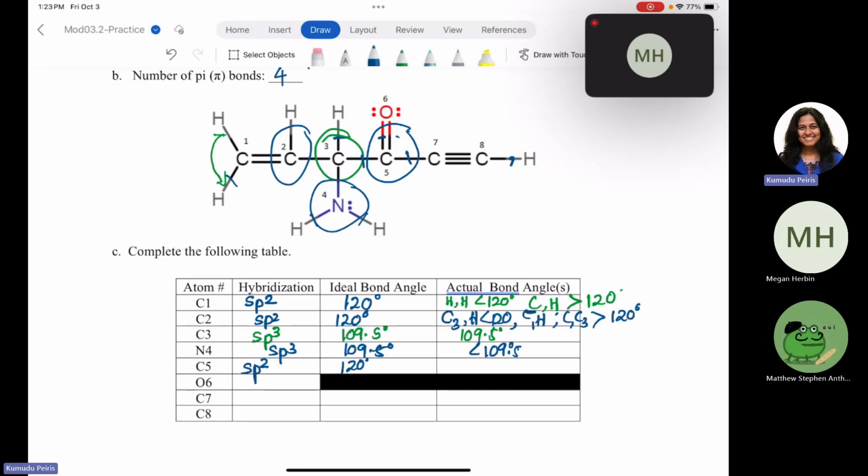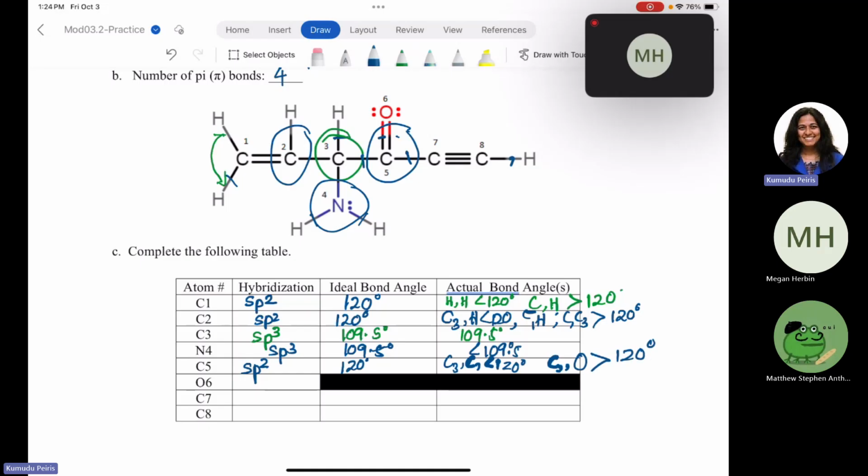Between carbon 3 and carbon 7 should be less than 120 degrees, but between carbon 5 and oxygen should be greater than 120 degrees.